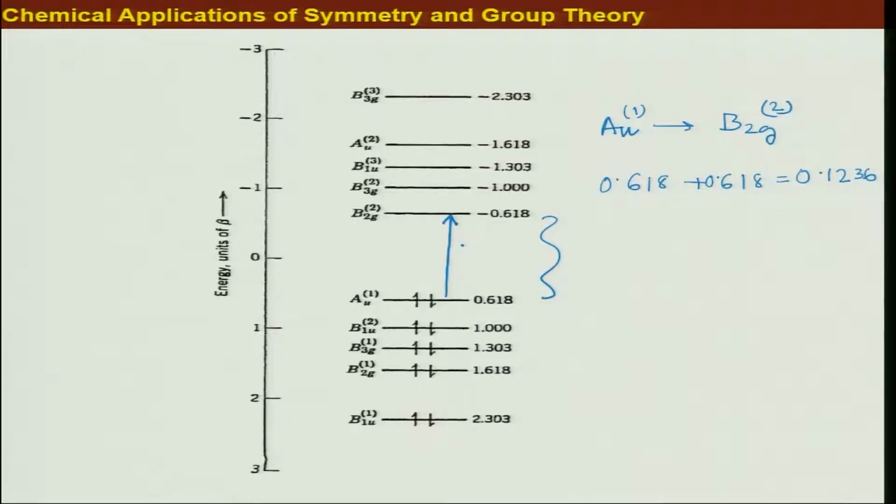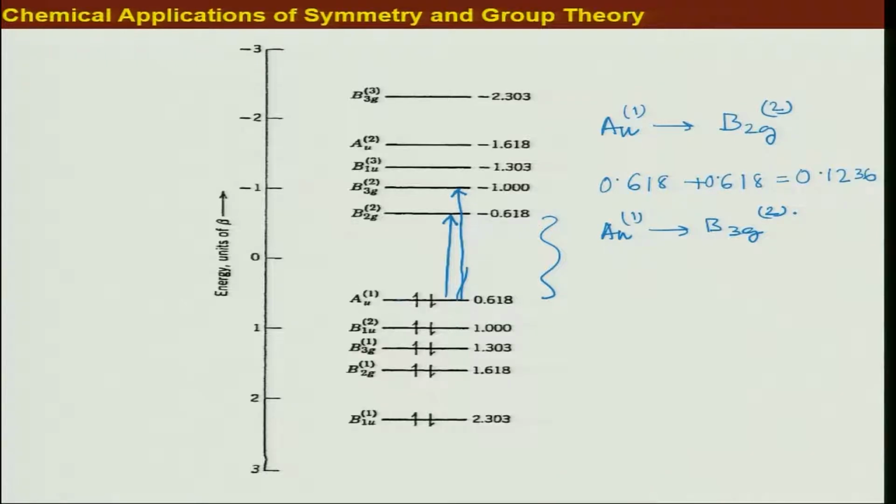Now what are the other two transitions that I can think of? One is from this particular state to this particular state, B3G. So I can think of a transition which is AU1 to B3G2 orbital.